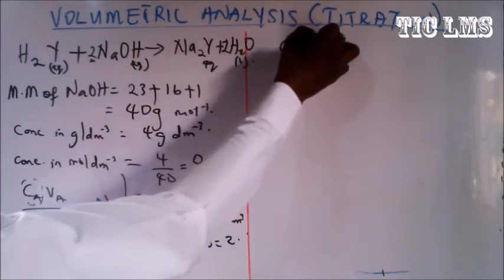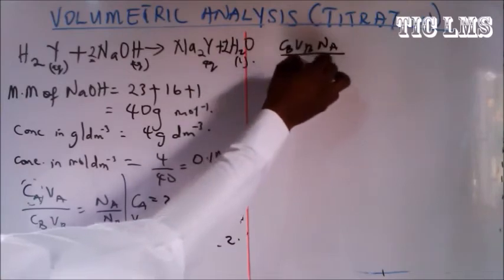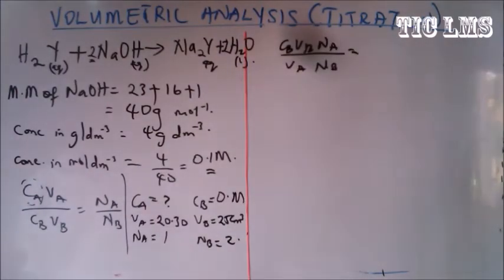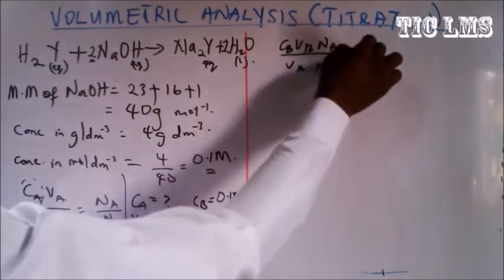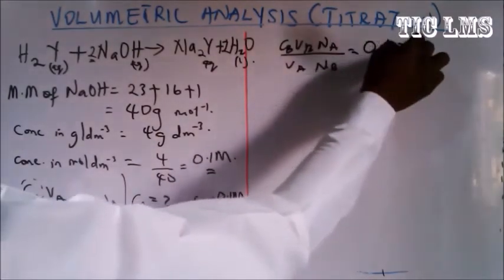Now we make Ca the subject of formula, and then we'll have it as CbVb Na over VaNb. So concentration of base is 0.1, and the volume of base is 25.